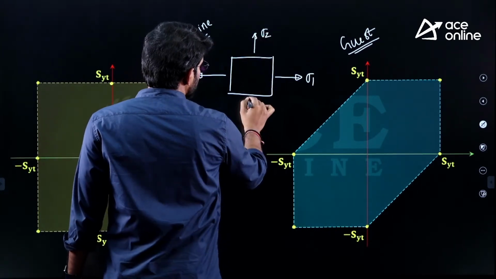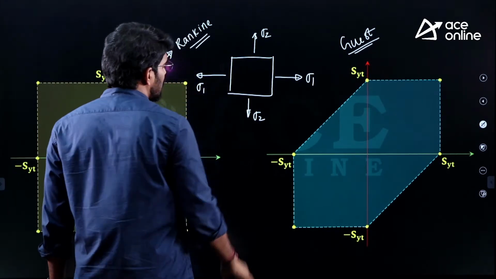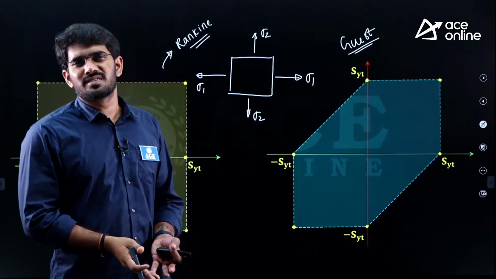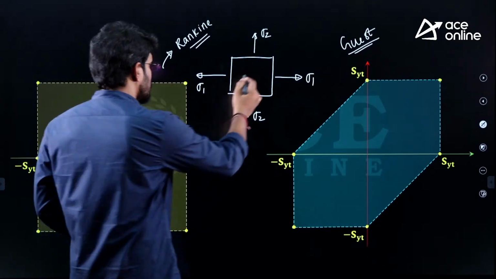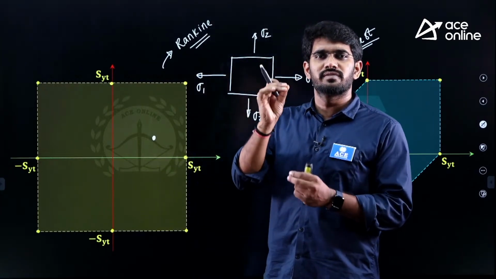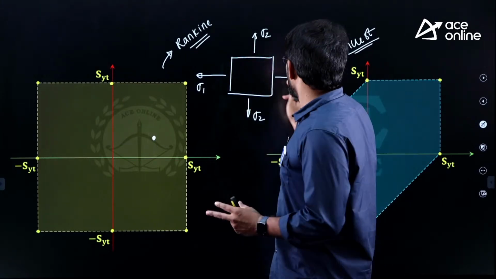If sigma 1 is 100 and sigma 2 is 50, obviously we need to reach these values from 0 itself. As you reach this position from 0, the ratio of these two stresses is always kept constant.